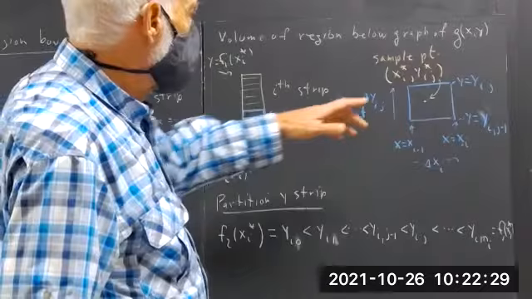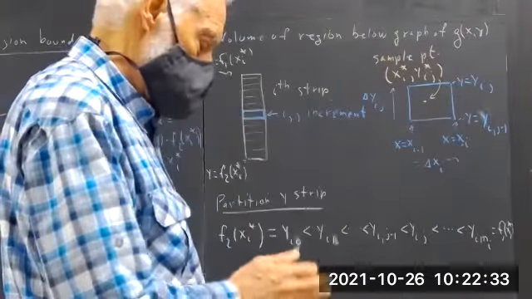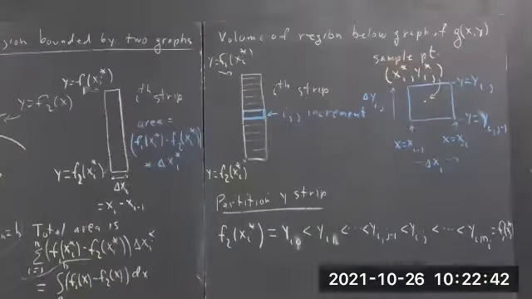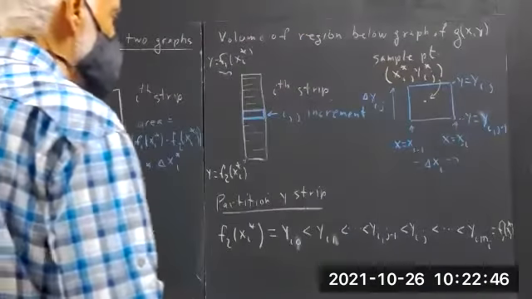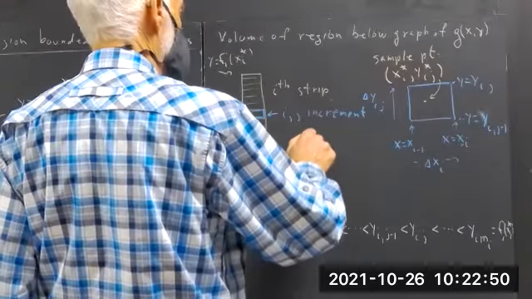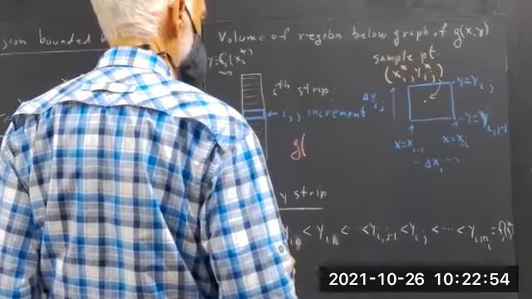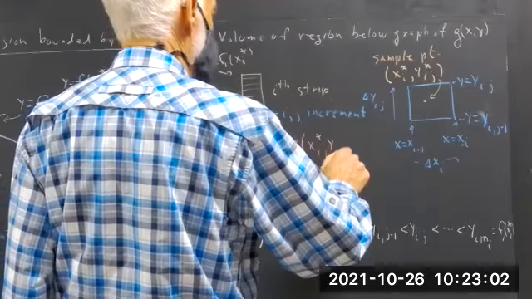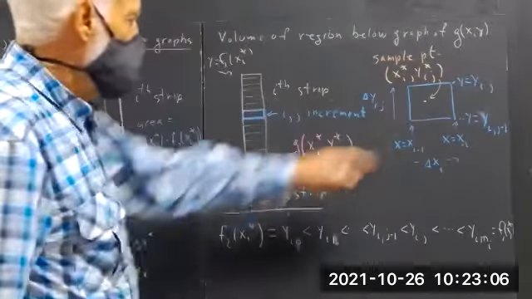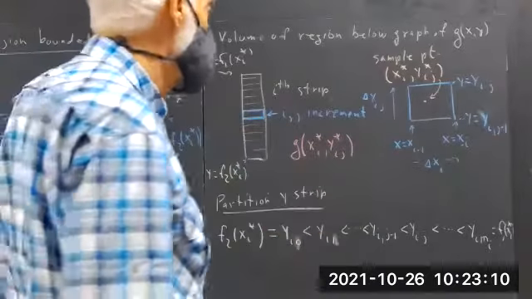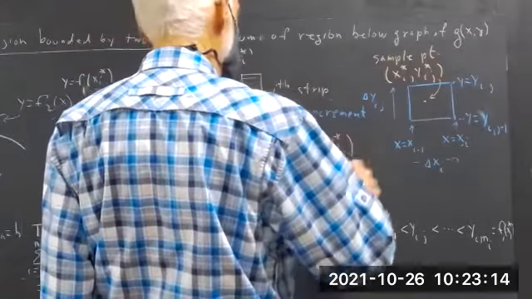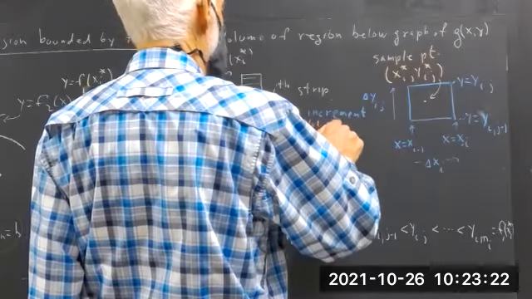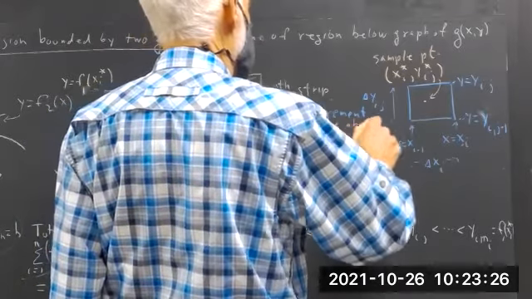Then the value of our function at this point is, of course, g of x i star, y i j star. I'll label this the volume above.